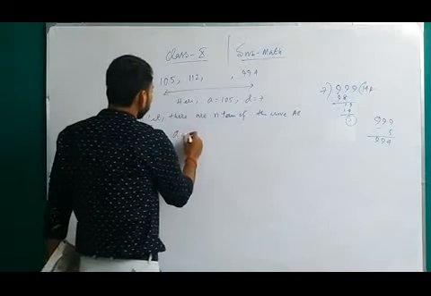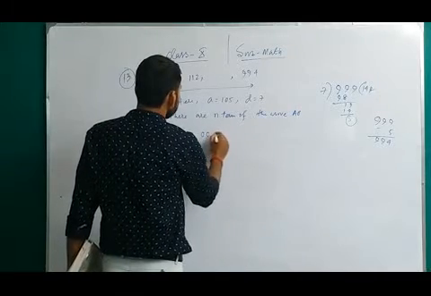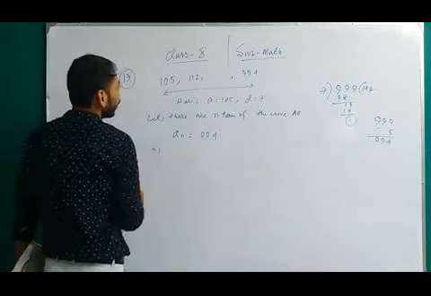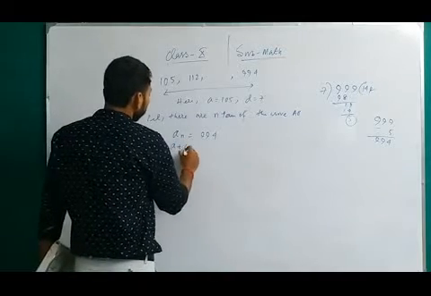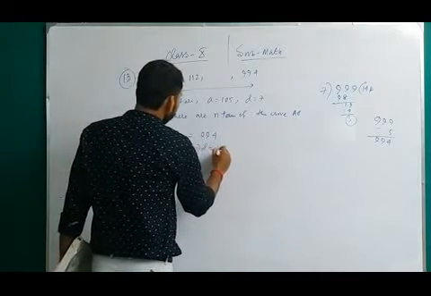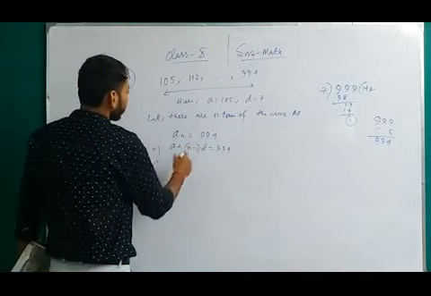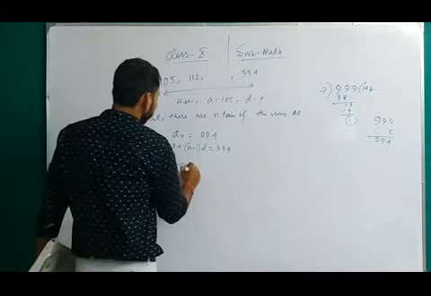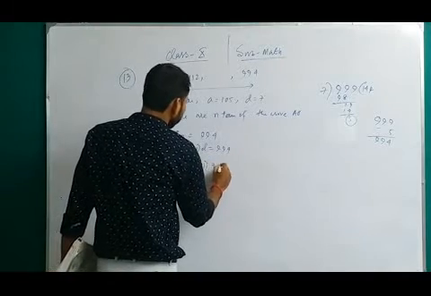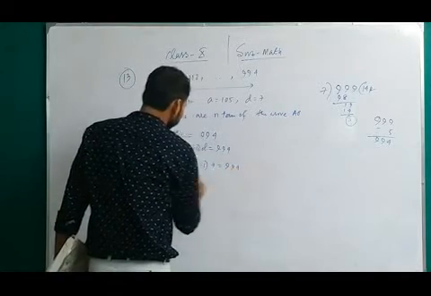Therefore, an, the last term, equals 994. Now we will use the formula a plus n minus 1 into d equals 994. Now we will use the values of a and d here: 105 plus n minus 1 into 7 equals 994.